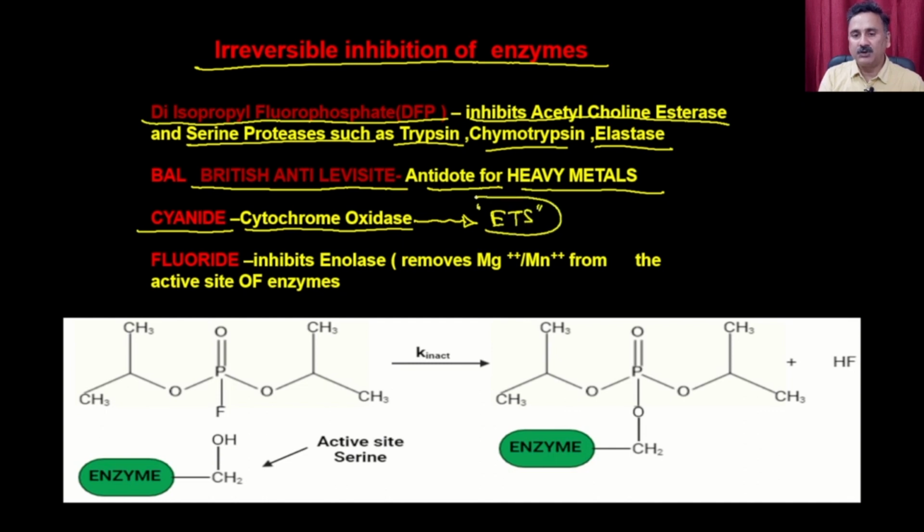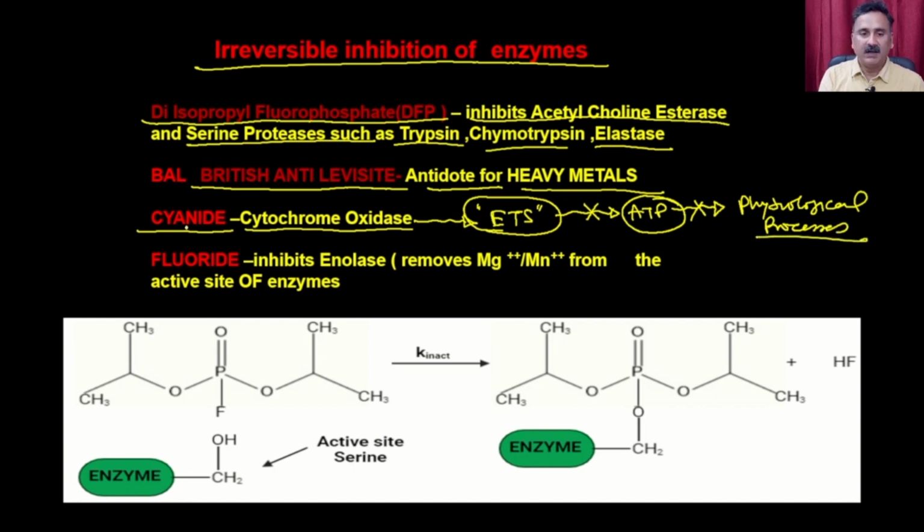If the electron transport chain is blocked by a molecule, it stops the production of ATP, and as soon as there is no production of ATP, the physiological processes stop. That is why cyanide is a very potent inhibitor: it is irreversible and does not allow the enzyme to be reactivated. That is why any poisoning or toxicity by cyanide cannot be reversed.